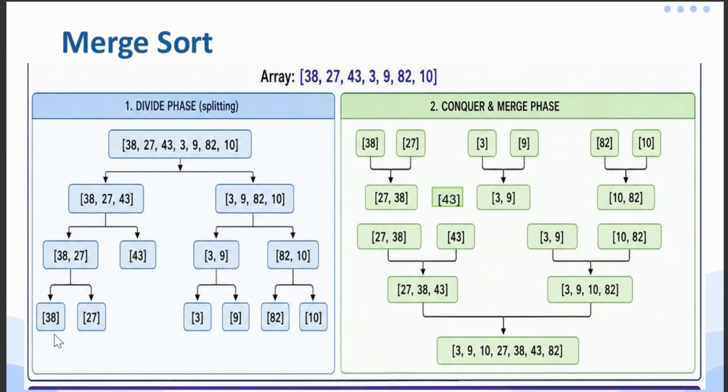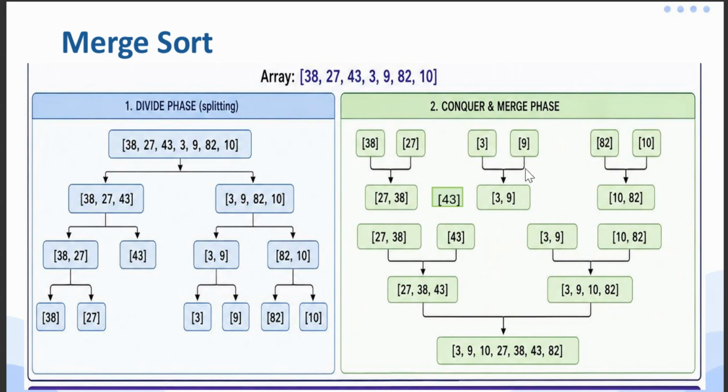This is like a recursion tree. Now you have to merge. When we merge, we first compare 38 and 27, and the smallest element is 27, so we sort it and combine.